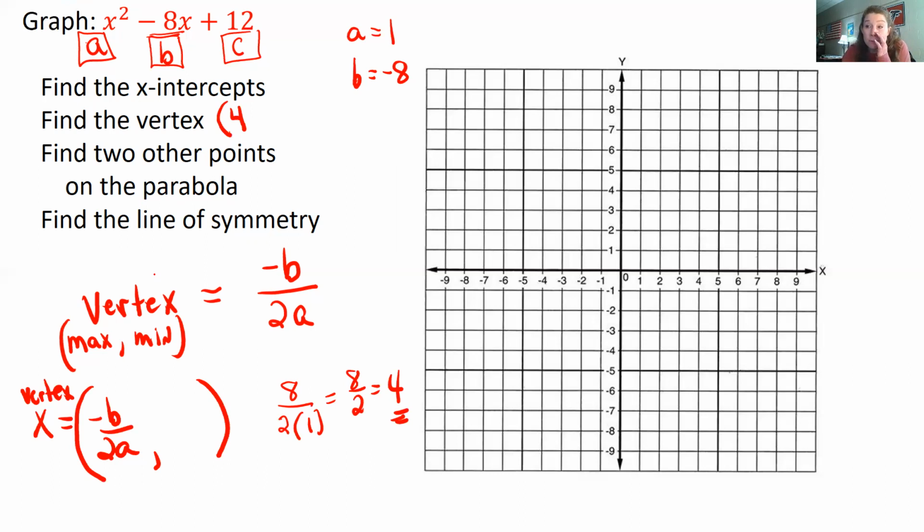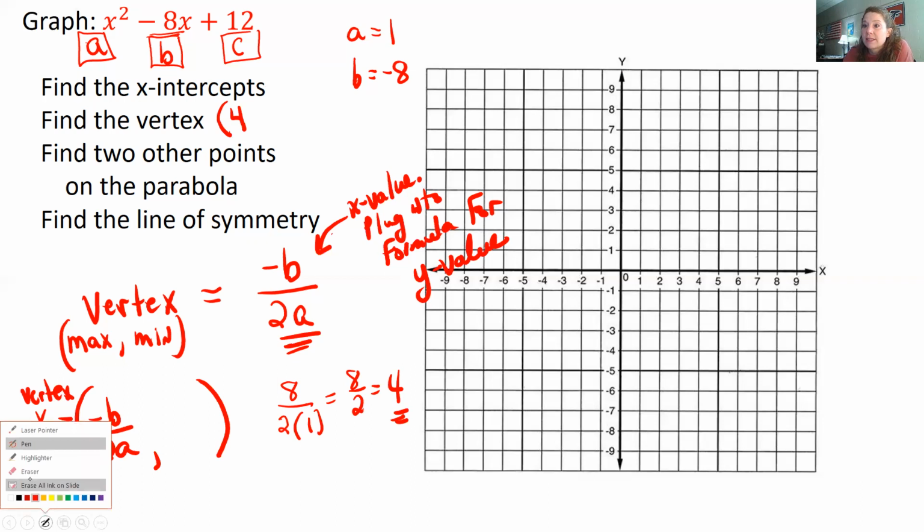Okay, so once you use the formula, this is the x value. So in your notes, this is the x value. And then you're going to say plug into formula for y value. Okay. All right, let me get rid of all this.